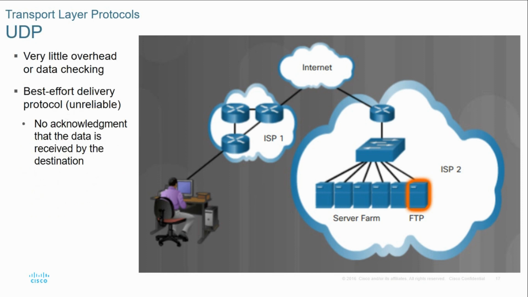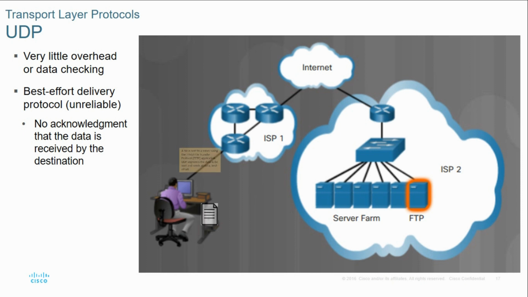On the other hand, UDP or User Datagram Protocol works differently. It does not provide any form of reliability, meaning to say, it does not care whether the data has successfully reached the destination or not. Let us observe what happens in the given network.